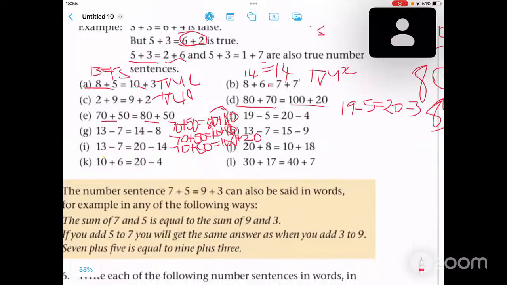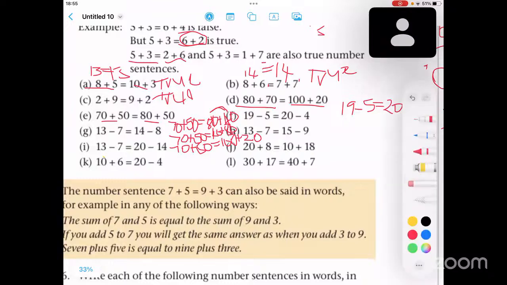20 minus 3. What do you get when you minus 5 from 19?